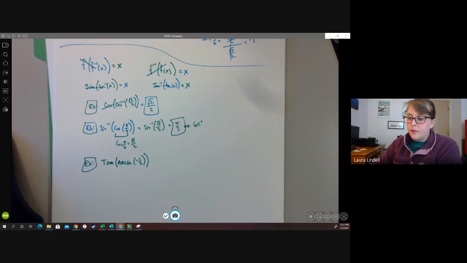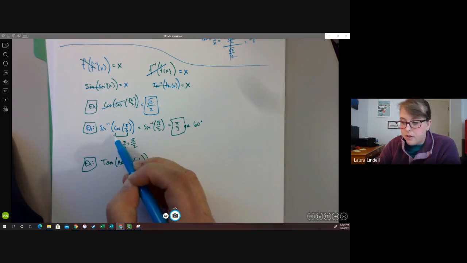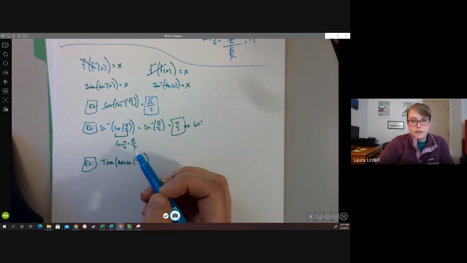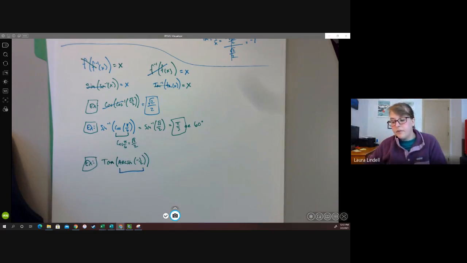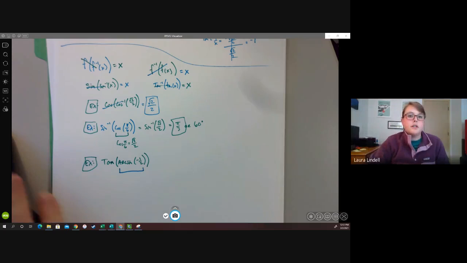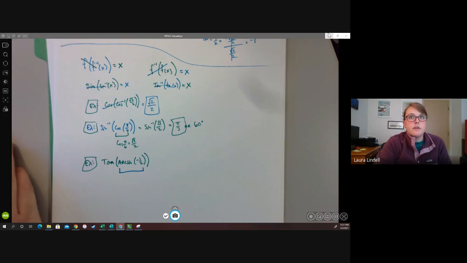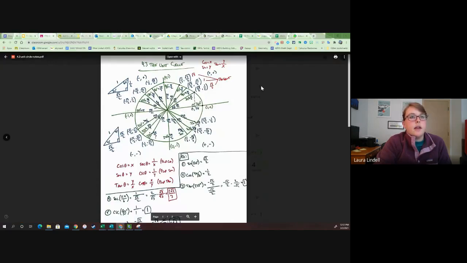So again, just like with the one above, we have to evaluate what's on the inside first. So the first thing we want to do here is evaluate arcsine of -1/2. We would jump to our unit circle and ask, where is the y value -1/2? That's down here, at 11 pi over 6.